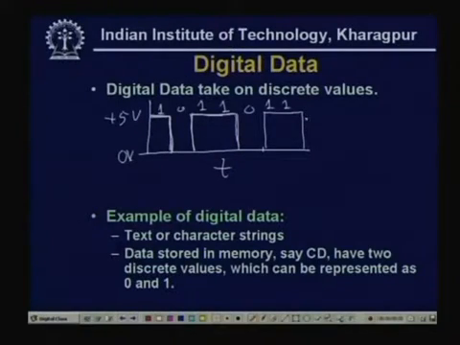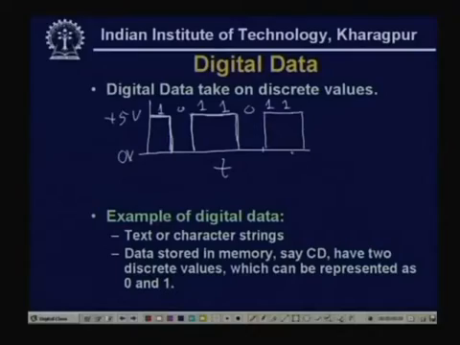It is not absolutely necessary that it should have only two voltage levels. It can have more than two voltage levels, but in general we are more concerned with digital communication. So it will be essentially of two levels, as we shall see in most of the cases. An example of digital data is text or character strings.